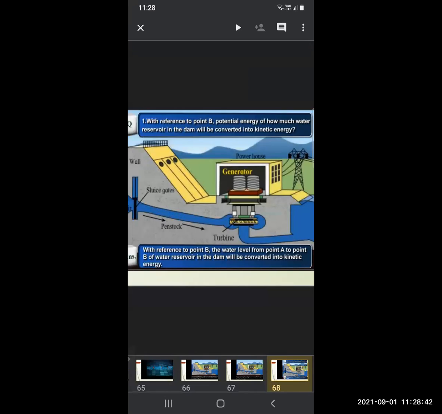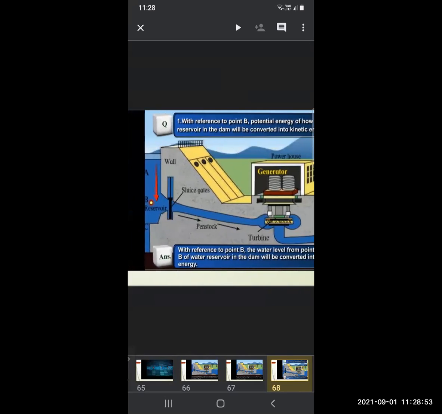With reference to point B, the water level from point A to point B of the water reservoir in the dam will be converted into kinetic energy.